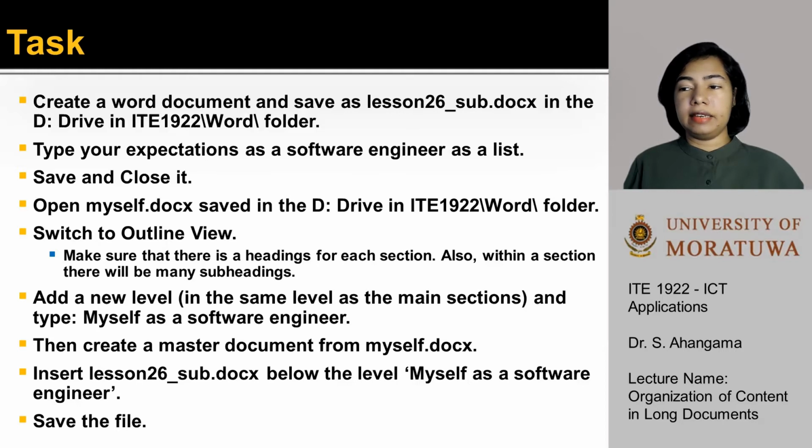Then you can insert this newly created lesson 26 sub file below the level where you have myself as a software engineer. Then you can save the file. I hope by doing this task, you will get a better understanding about using master documents.